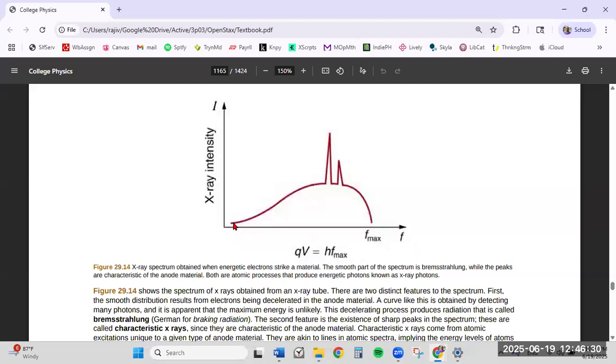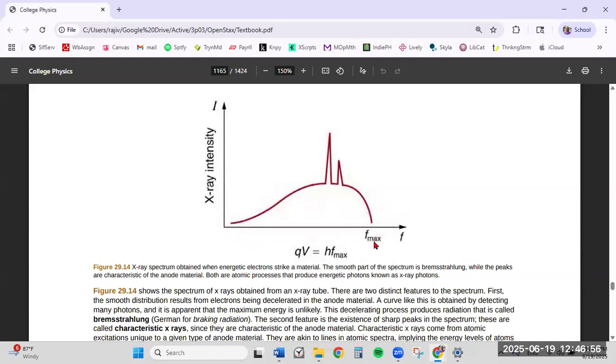So you see that most of the spectrum is just a smooth curve. And that is X-ray being produced because the electrons are coming to an abrupt stop. And depending on the initial velocity of the electrons, you will have X-ray of different frequencies being produced.